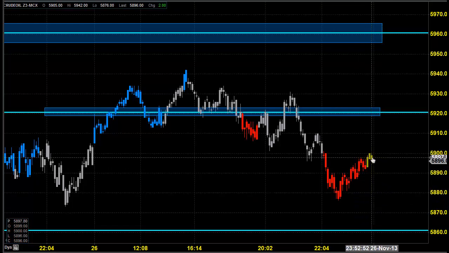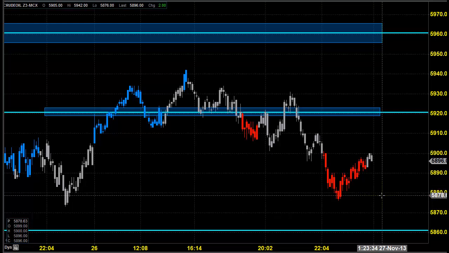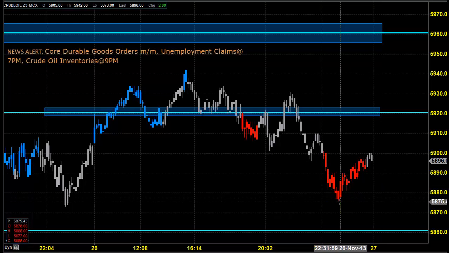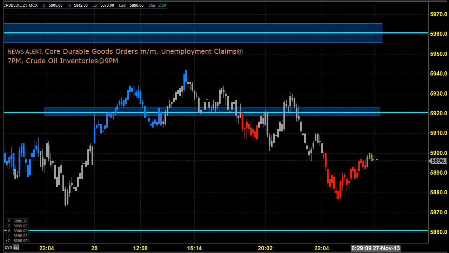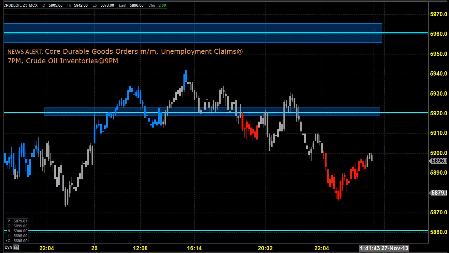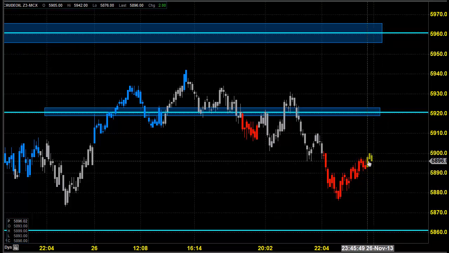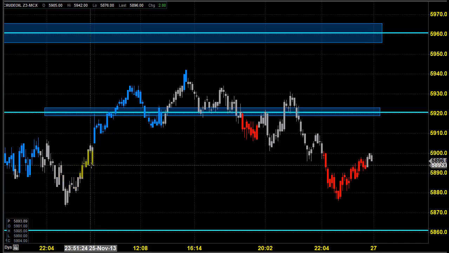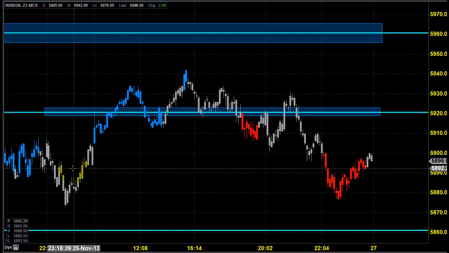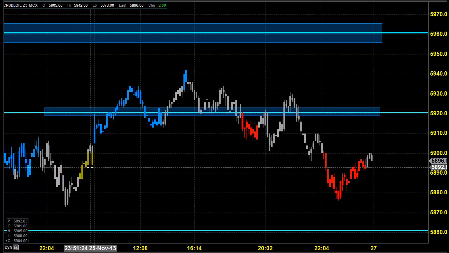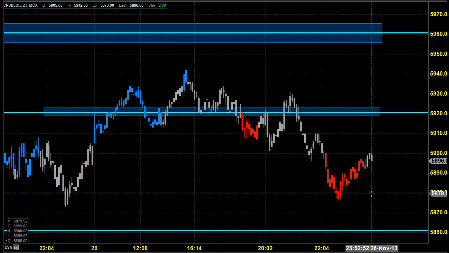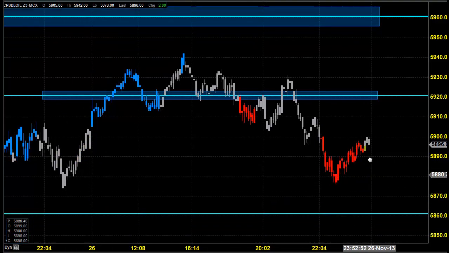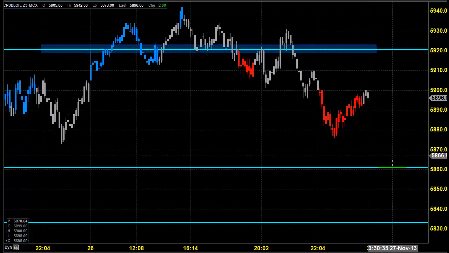If the price opens below, or as per our expectation near the low, it gives us a clear signal that the market can still go for selling, because it is going to open below the previous day's closing, and also below the 25th of November's closing. So that can induce some selling pressure, and the price can straight away come and test this 5860.